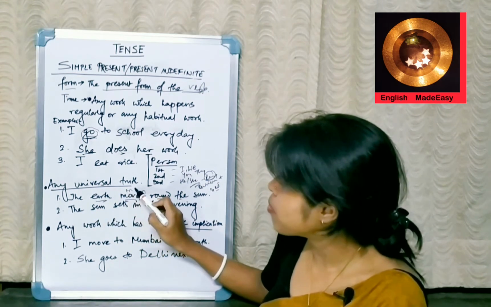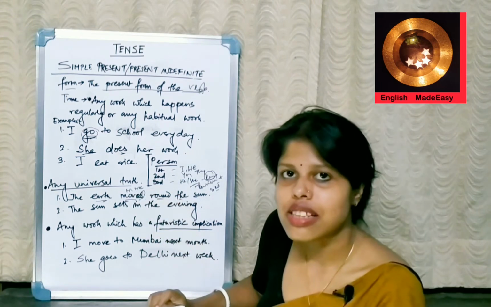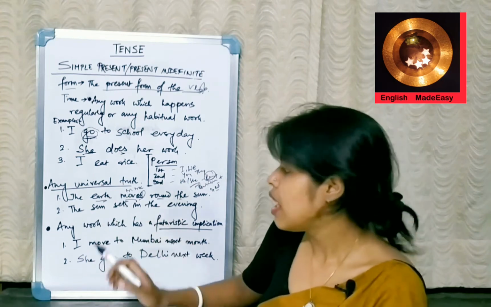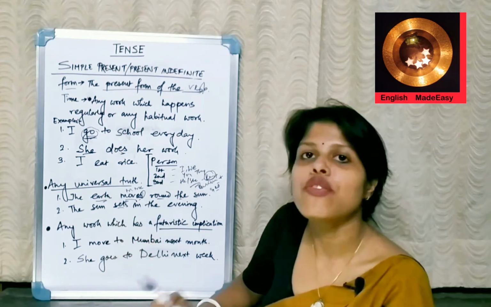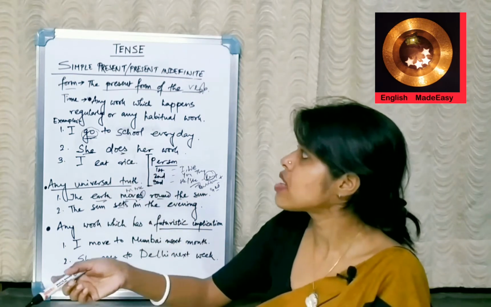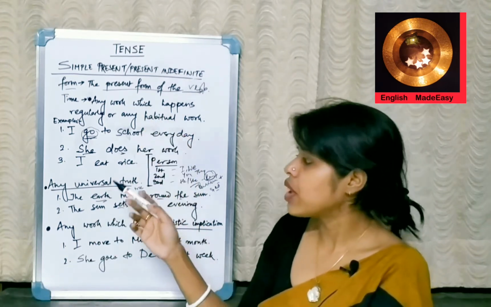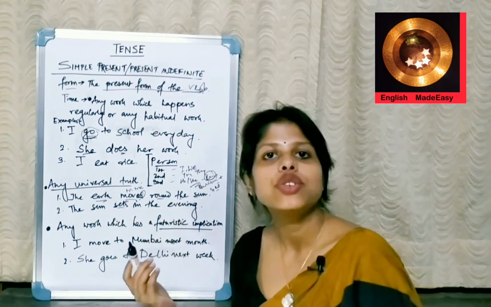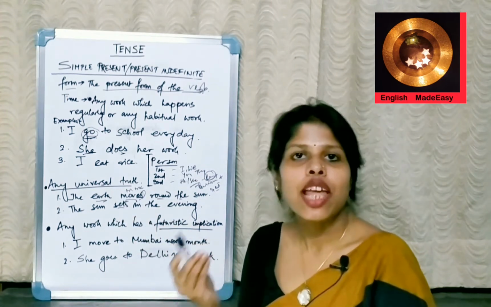The real verb is move, but we are using s because it is a name. The earth moves round the sun. The sun sets in the evening. So again let me repeat: the present form of the verb, we can also use it with any universal truth, a truth that will never change.